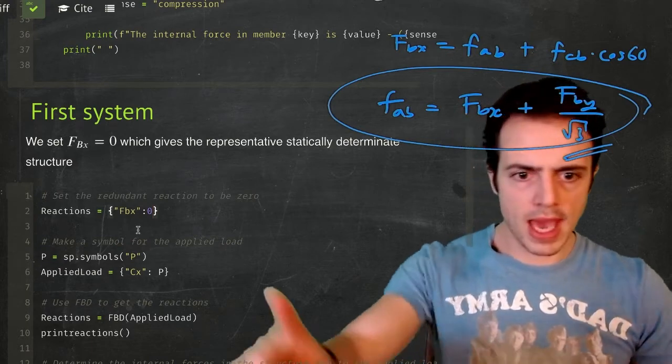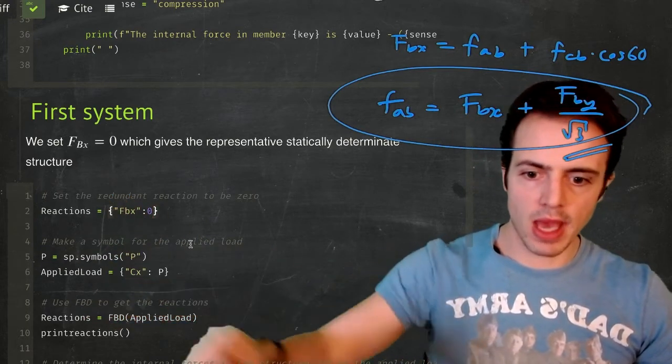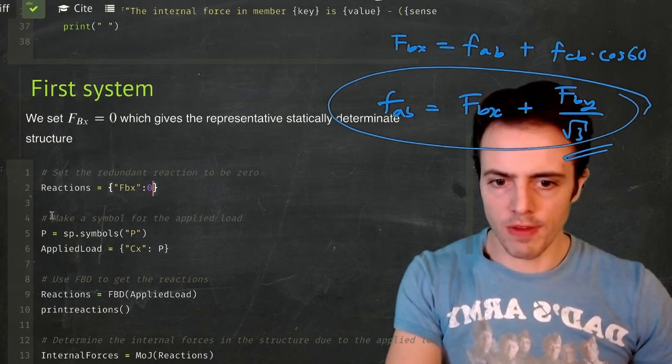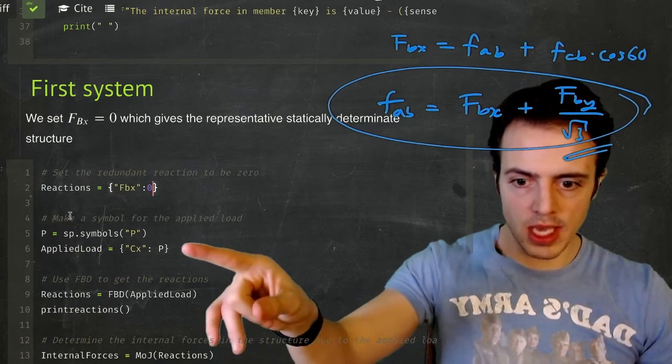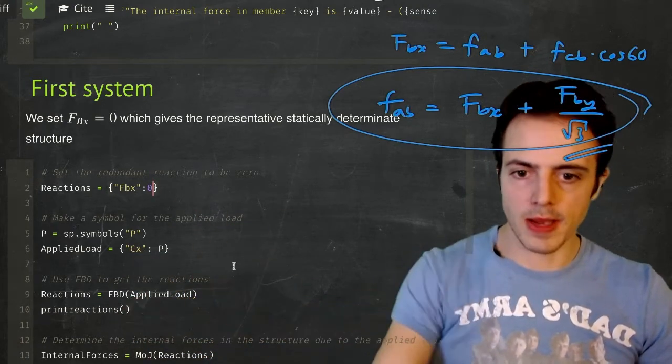So I've now made a dictionary and I've told it that it's only got one value and fbx is equal to 0. Then, what I had previously was in here, we've set the dictionary for the applied load in here.